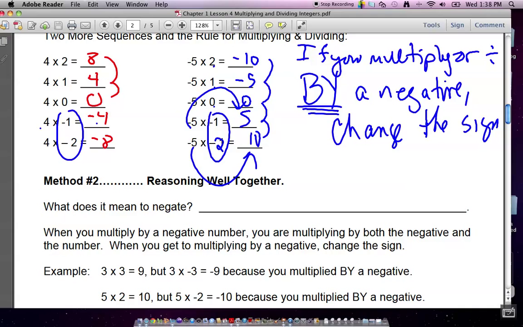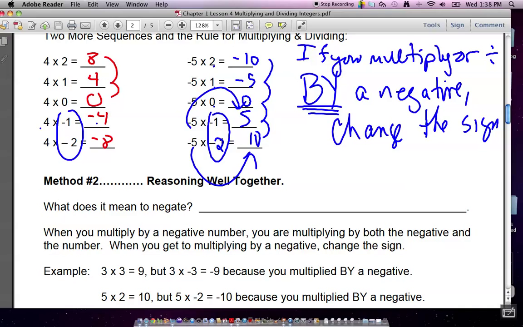And if you multiply by a positive, just leave it. Don't change anything. Okay? All right, you with me there? If you multiply and divide by a negative, change that sign. Now, that's one way to do it. I can show you through tables or charts, patterns, how numbers behave, and that helps us arrive at a conclusion.